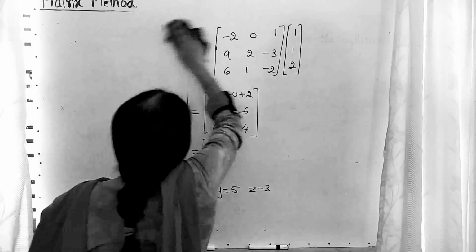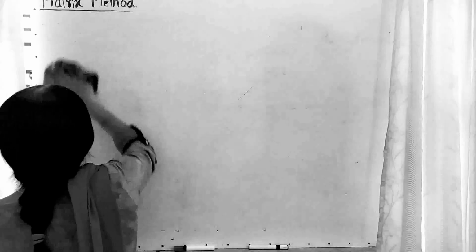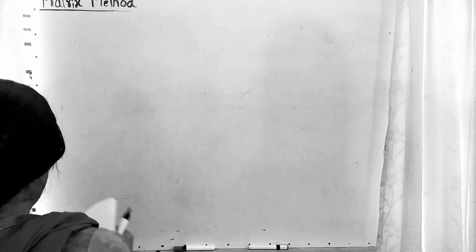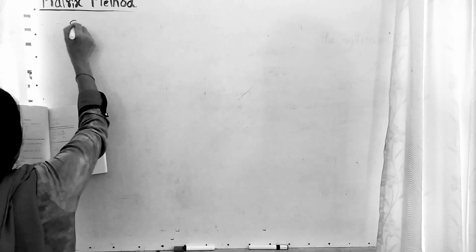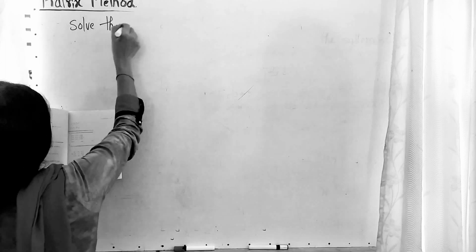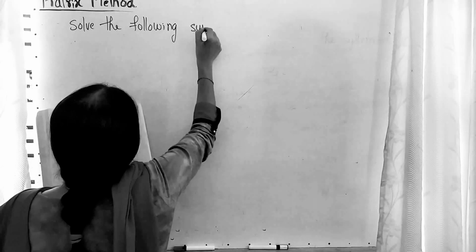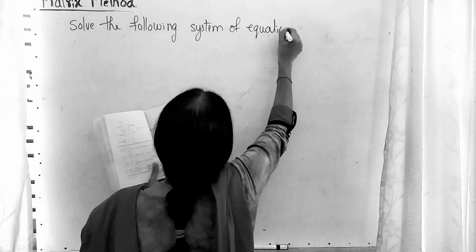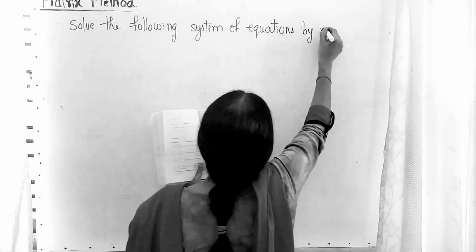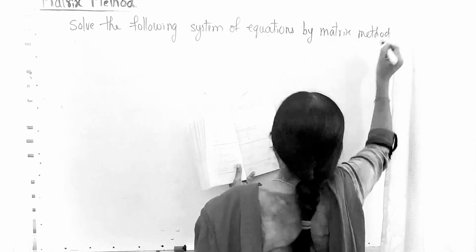So the next one also, I am giving you a very important concept. That problem is also interesting. Solve the following system of equations by matrix method. This is the question.